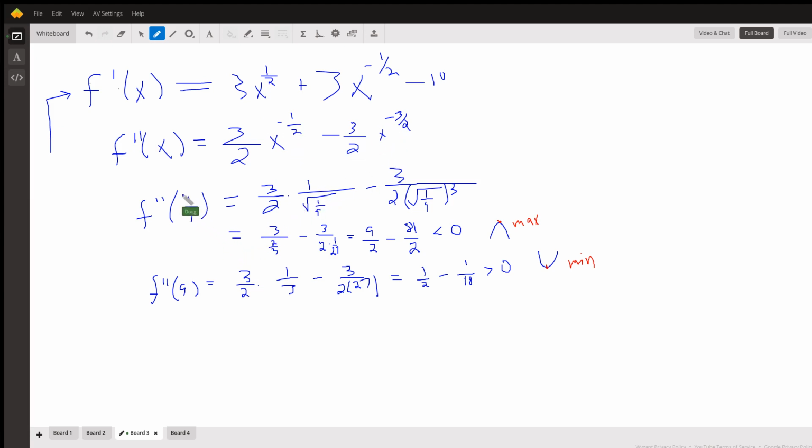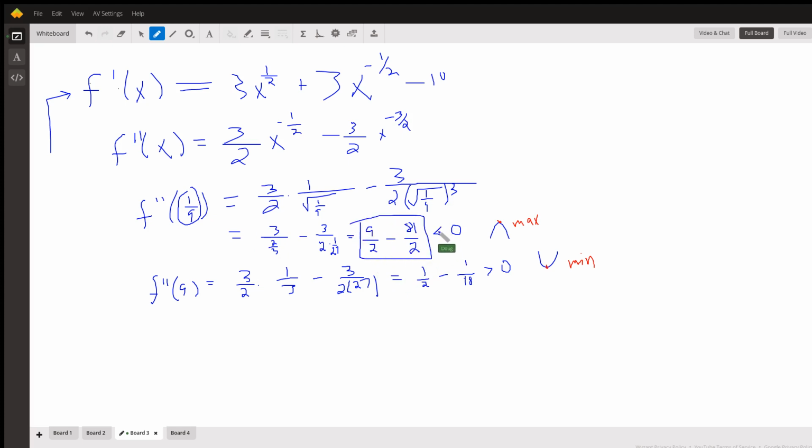And we're going to plug those stationary points or those critical numbers into f double prime. And the sign that results will tell us whether we have a max or a min. So if I put 1/9 into the second derivative and simplify, I get this, which is actually negative 36.